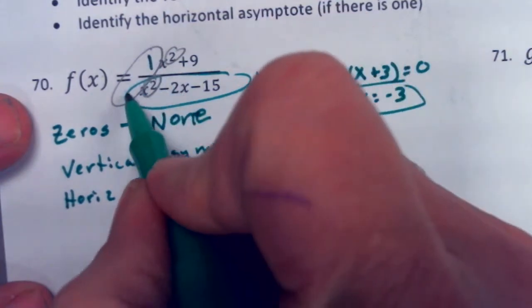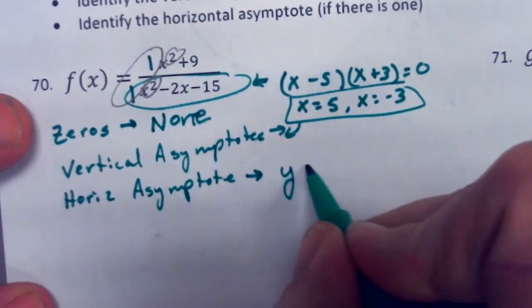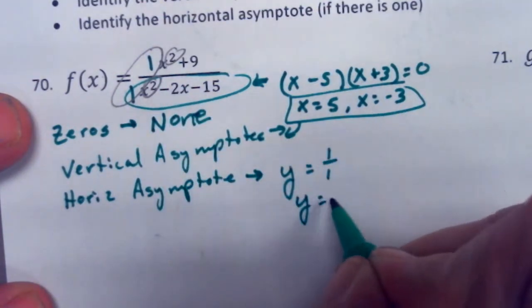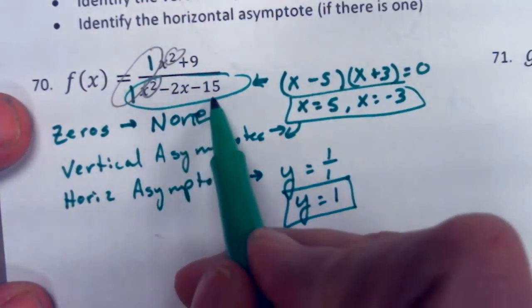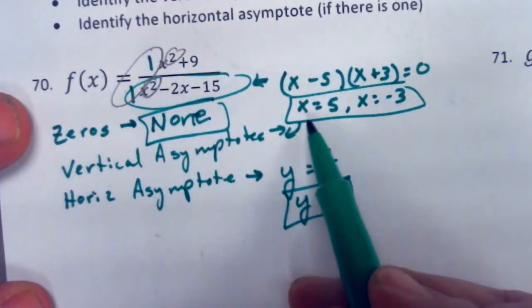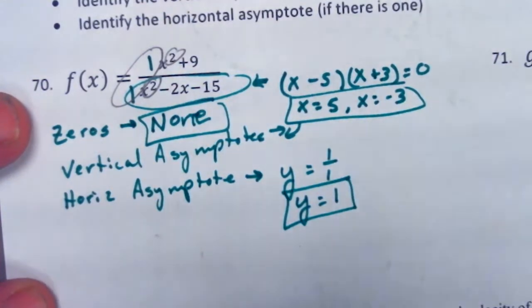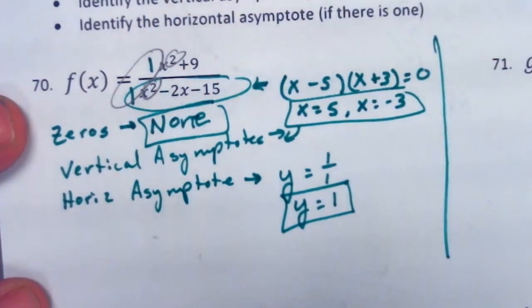The leading coefficient for the numerator and denominator are both 1. So the horizontal asymptote is y equals 1 over 1, so the horizontal asymptote is just at y equals 1. So no zeros, vertical asymptotes at x equals 5 and x equals negative 3, and horizontal asymptote at y equals 1. That's for 70.